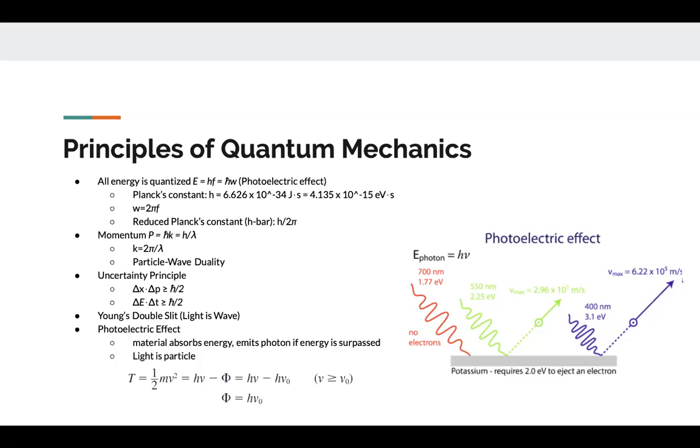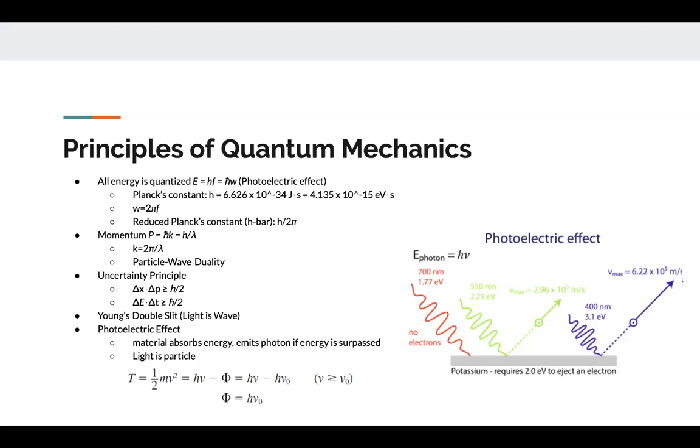Momentum is related to the Planck constant over the wavelength. The photoelectric effect says that materials can absorb a certain amount of energy, but if a particle surpasses that energy limit, it'll emit a particle equal to the difference in energy.